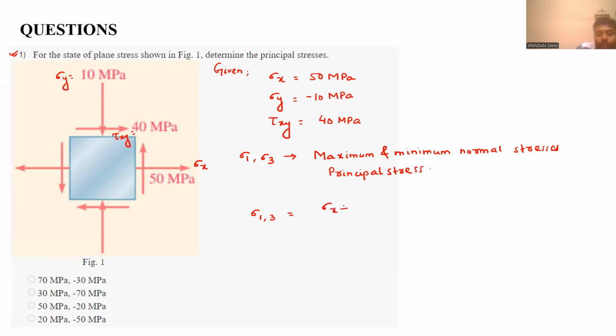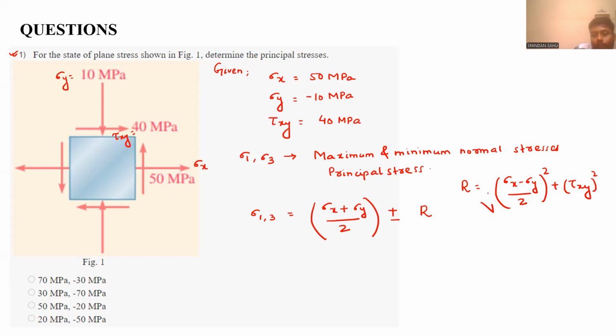Sigma x plus sigma y by 2 plus minus r, where r represents the radius, which is given as the square root of sigma x minus sigma y by 2 whole square plus tau xy whole square.